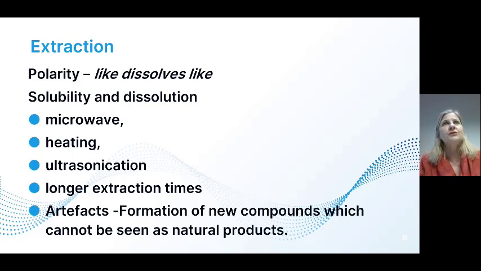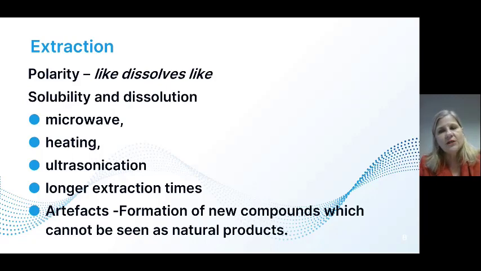That ensures that your extract would be constant, because if you have bigger particle size, you might have fewer metabolites extracted than with a finely ground powder. So after your drying step, you have to grind your samples, and then that sample must go through a sieve to ensure that you have the same particle size.